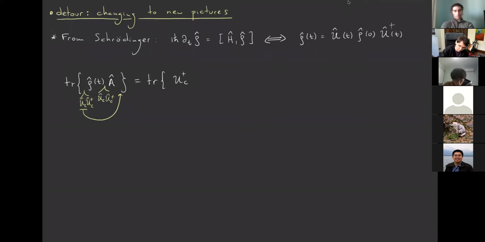So I have U dagger C, which might depend on time, so we will make it time dependent, acting on the state. And then we have the same acting on the operator. As I said, this U is an arbitrary unitary.